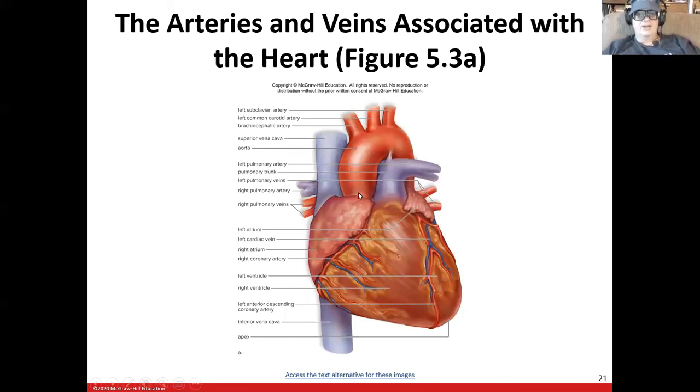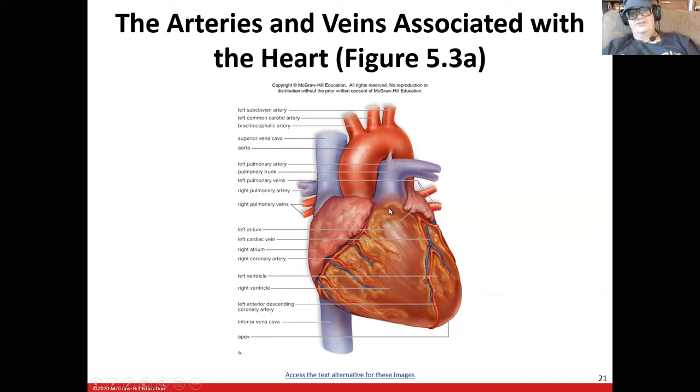So we've got blood going into this aorta. And instead of just going up to the arch, we also have vessels coming off like this. This one right here would be the circumflex artery.